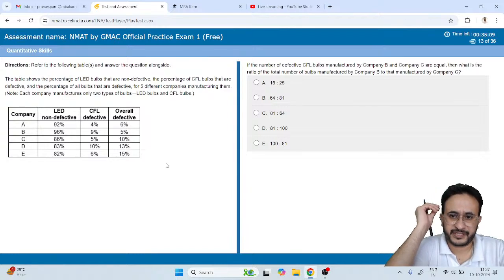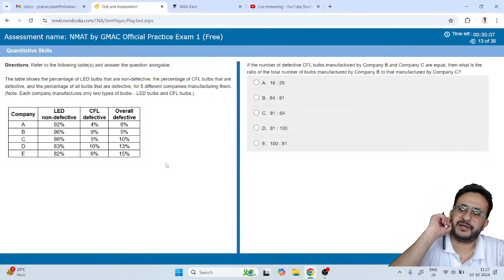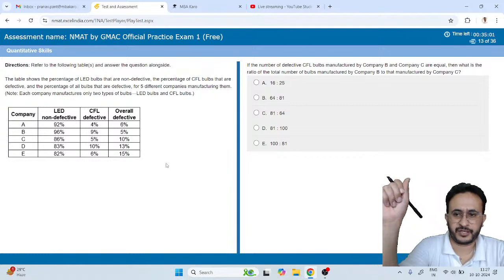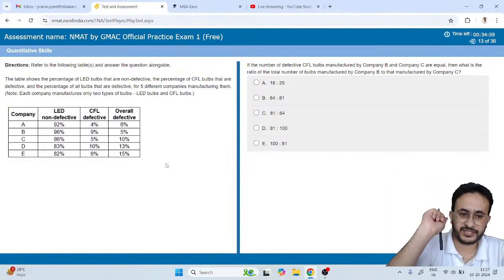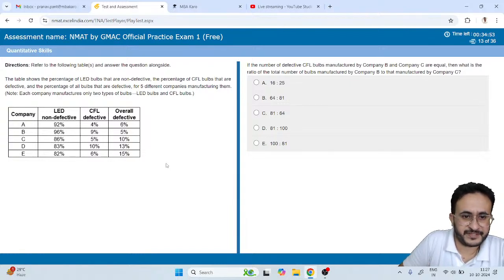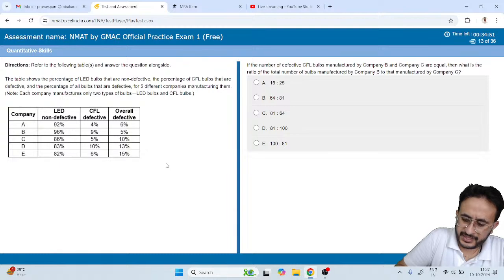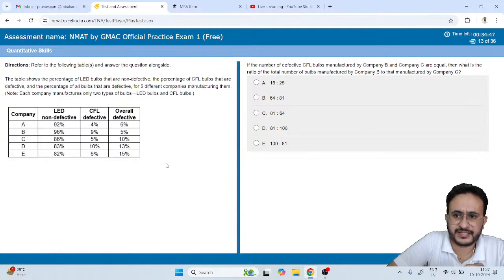The number of defective CFL bulbs by B and C are equal. What is the total number of bulbs manufactured by company B to that manufactured by company C? Now this is a tough question involving a lot of calculations. Okay, defective CFL. So if we talk about B and C, defective CFL is same, which is 9 and 5%.